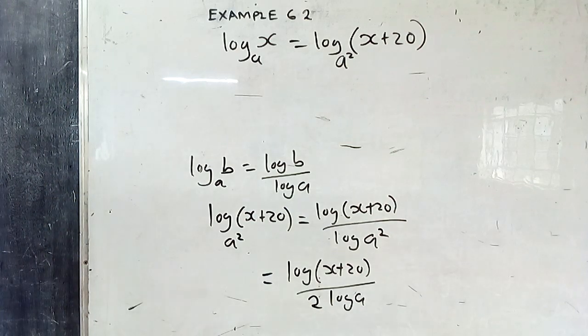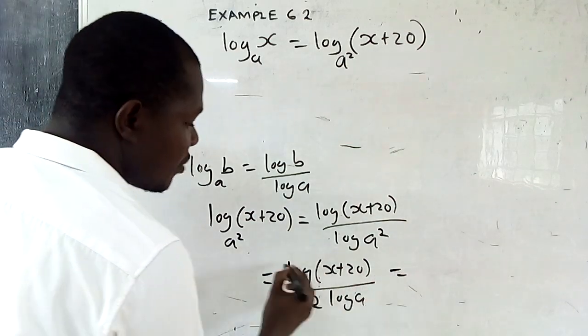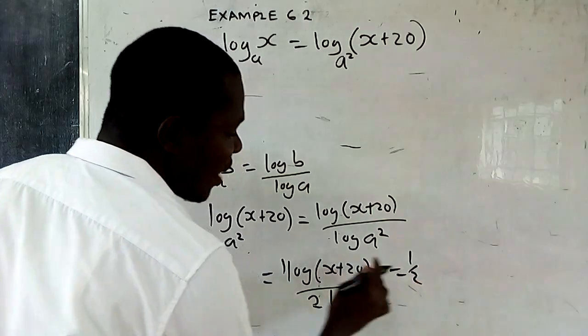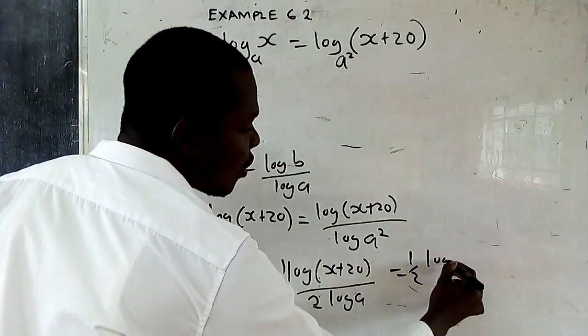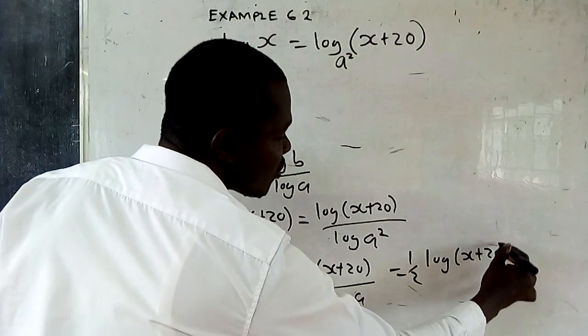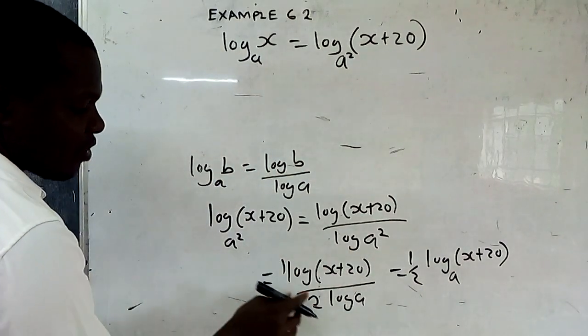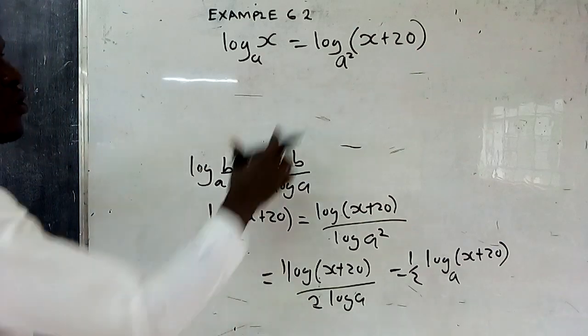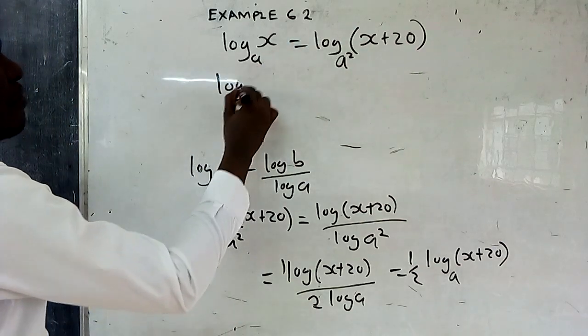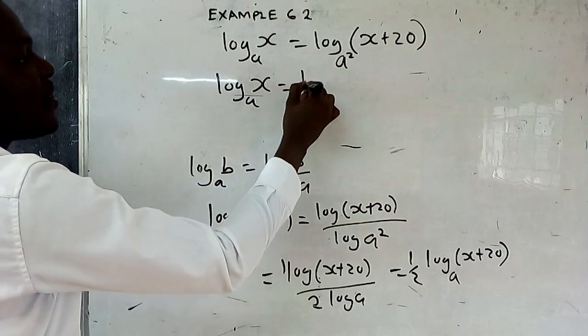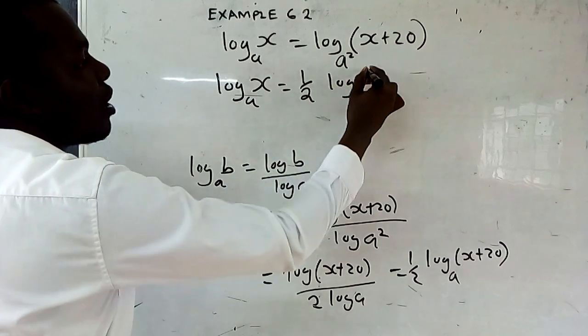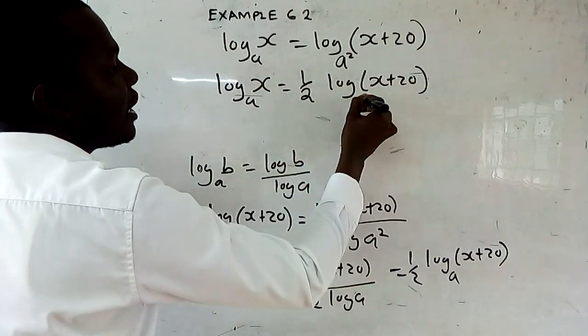Are you seeing that? So what do we get here? Here it means we have 1 over 2. Then log (x plus 20) over log a means what? It is log (x plus 20) to base a. So this is 1 over 2, you factorize outside, isn't it? So it means here we have log x to base a is equal to a half log (x plus 20) to base a.